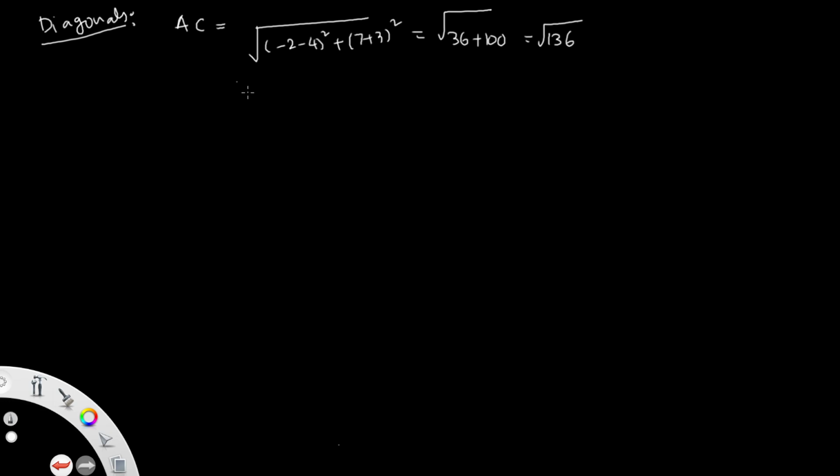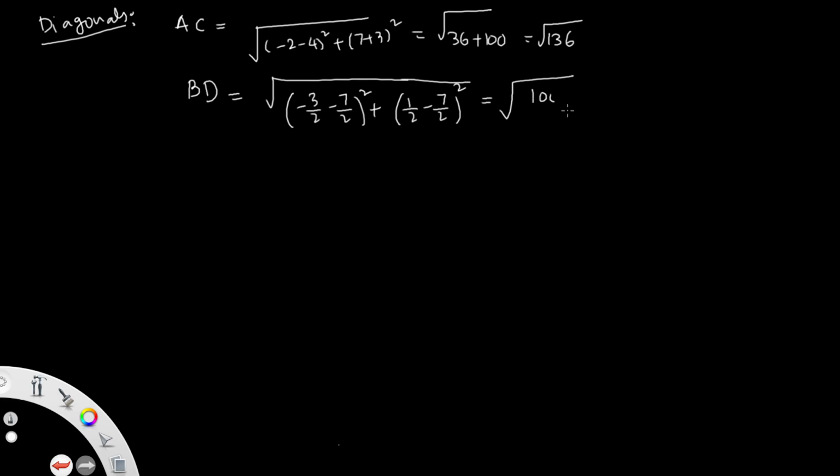Similarly, find out the distance of the diagonal BD: root over minus 3 by 2 minus 7 by 2 whole square plus 1 by 2 minus 7 by 2 whole square, that is 100 by 4 plus 36 by 4, that is root over 136 by 2.